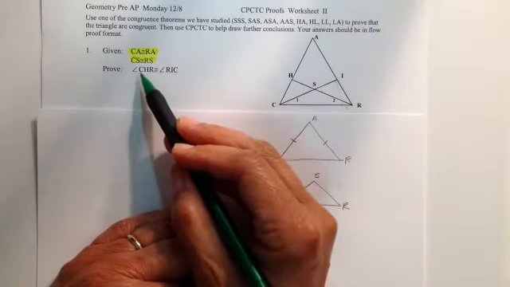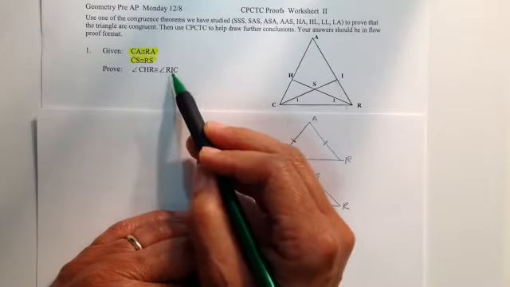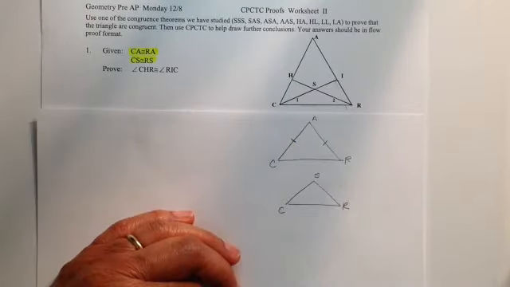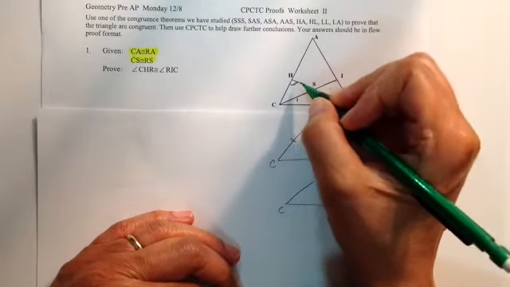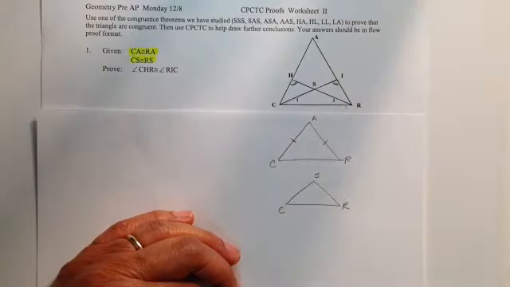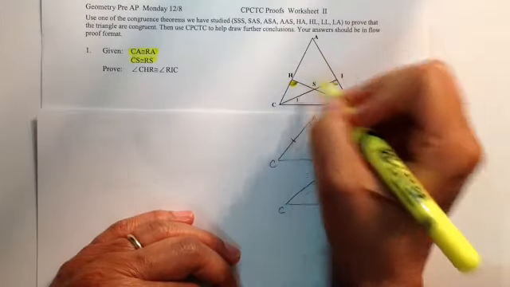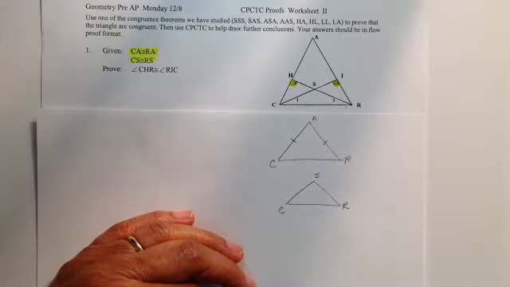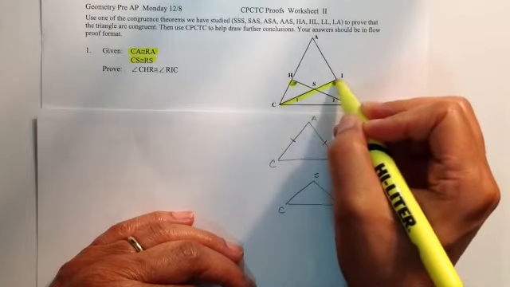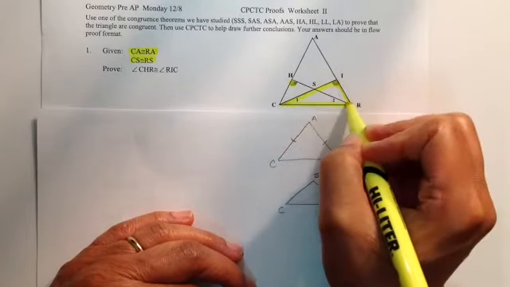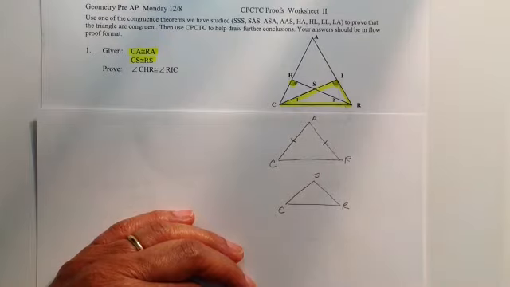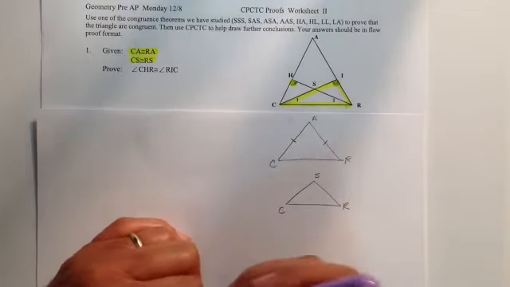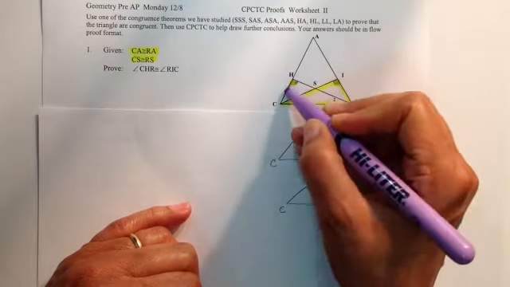Now, what we're trying to prove is angle CHR is congruent to angle RIC. So these are the two angles that we're focused on proving they are congruent. And what I begin to see is that these two triangles are part of this triangle, I should say, and this triangle.